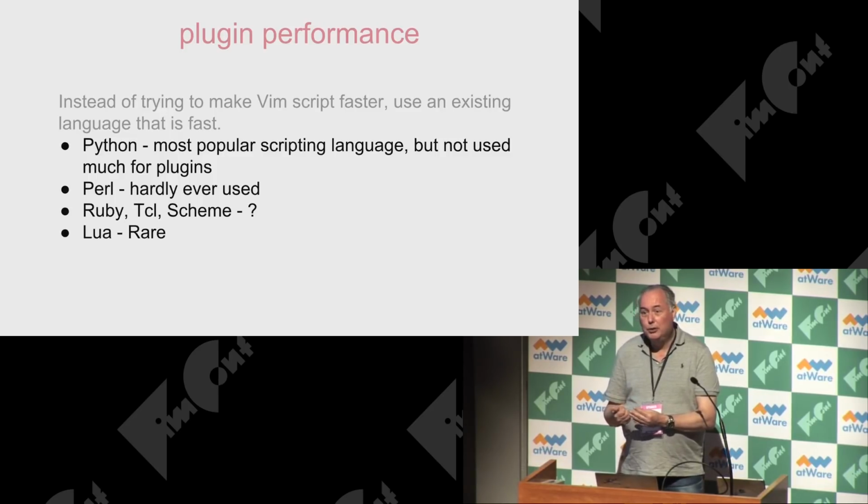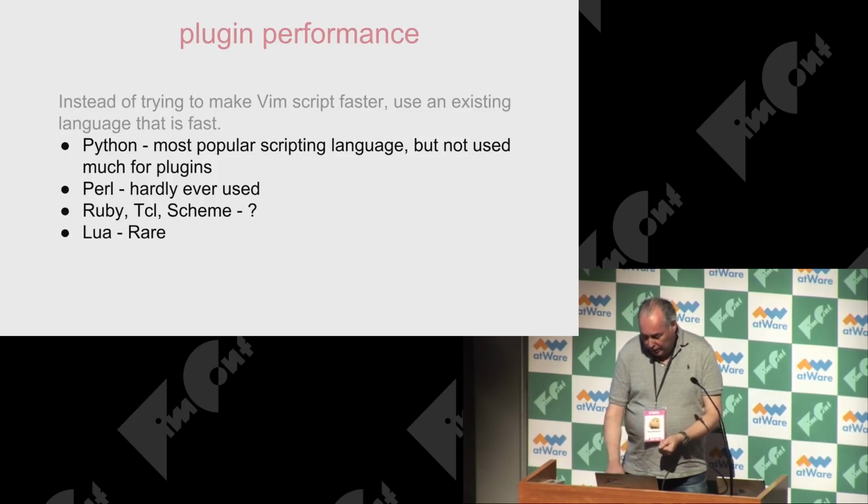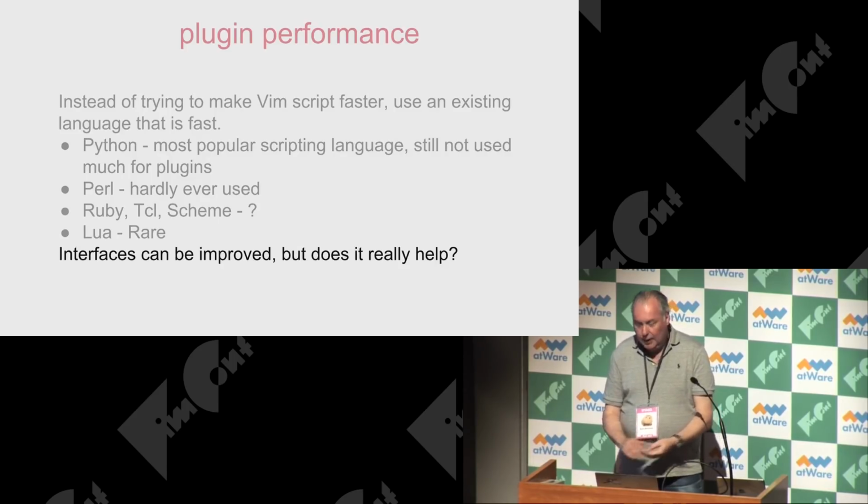And on Windows, the Python support has to be there, and it has to be installed. It's getting better now that we have a big Vim installer that includes just about everything. But still, it's not everywhere. So not so many plugin writers actually use these languages.